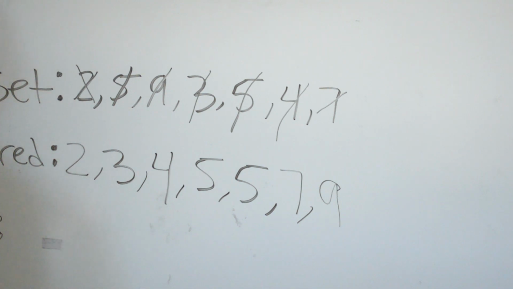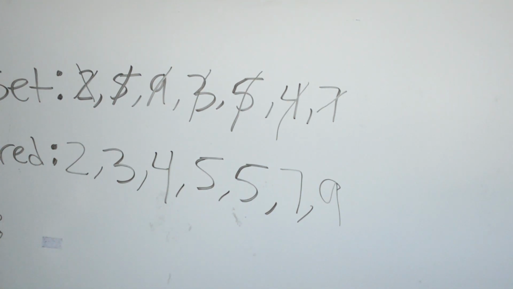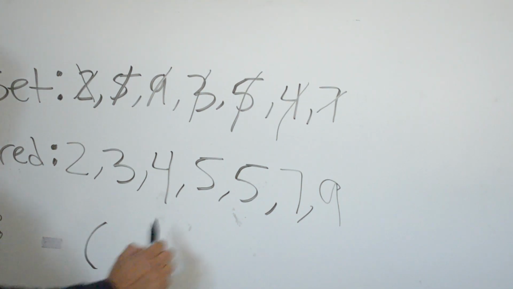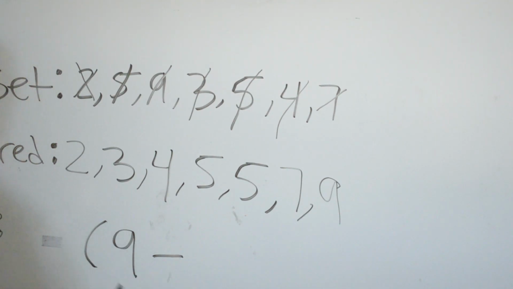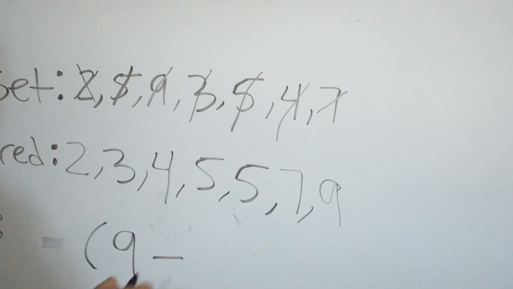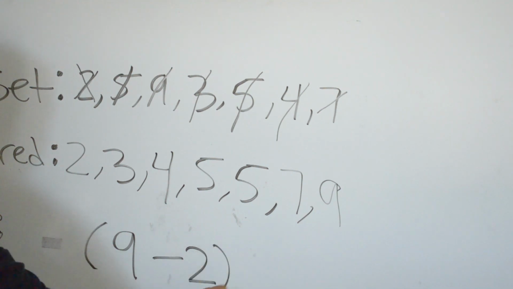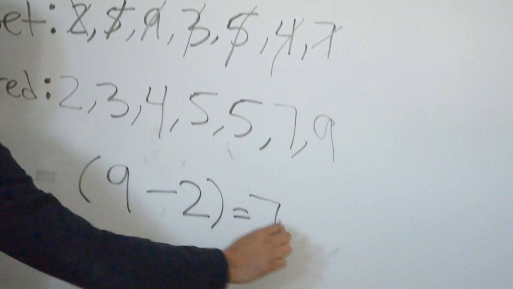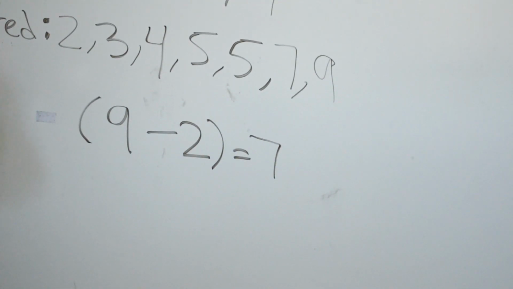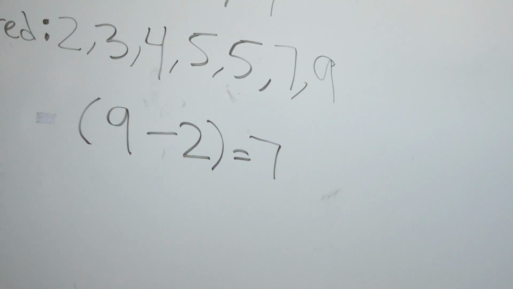So we go ahead and subtract the biggest number, which here is going to be 9, minus your smallest number, which is 2. So 9 minus 2 is 7. So your range for this data set is going to be 7.